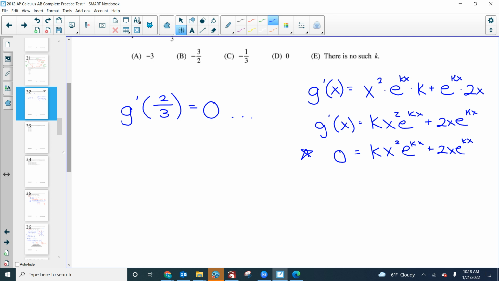Does everybody understand why we're plugging in 2/3 right now? The derivative equals 0, and we know 2/3 plugged in for x will make the derivative 0.